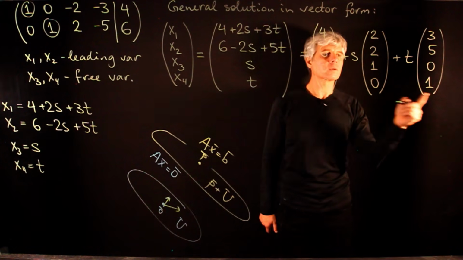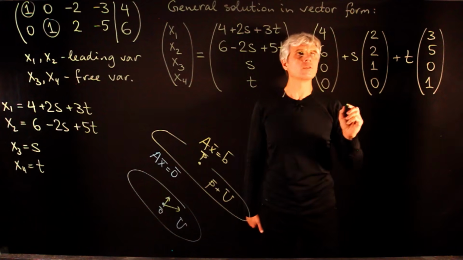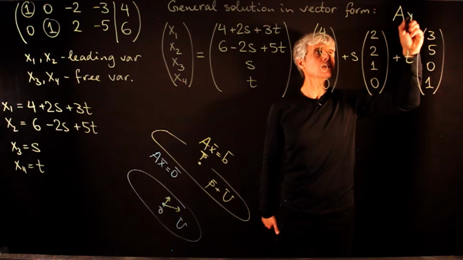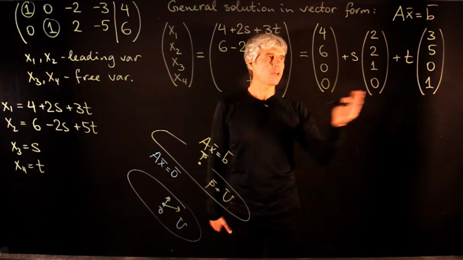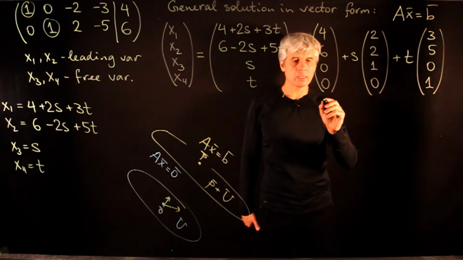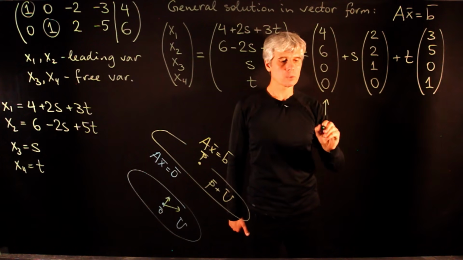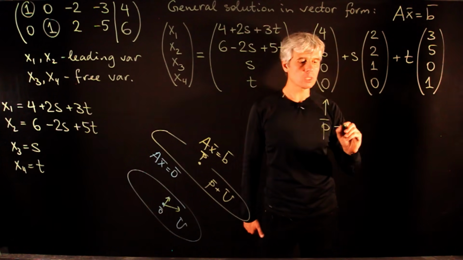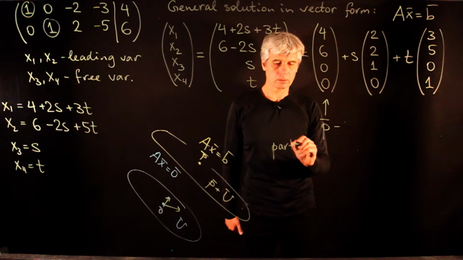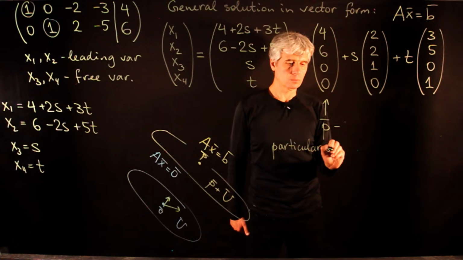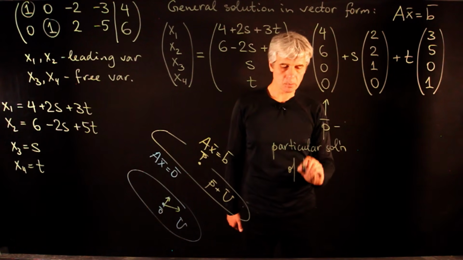So what we have here is the general solution of Ax equals b in vector form. And this first vector here, this is a vector p, a particular solution of Ax equals b.